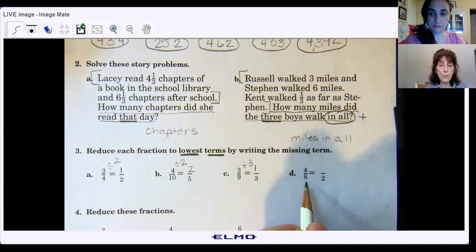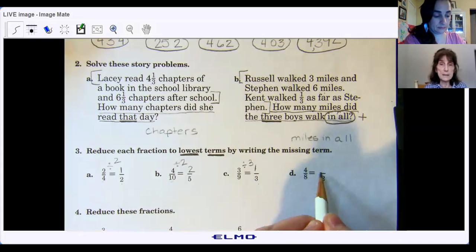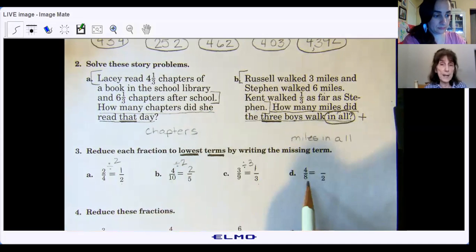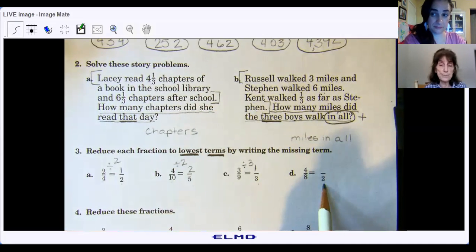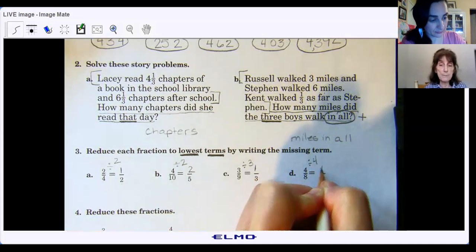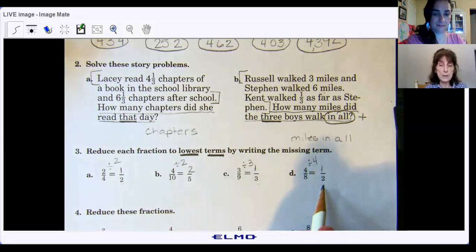Okay, so 4/8. What number will divide evenly into 4 and into 8? Okay, or you can say, what divided by 8 is going to give me 2? So the answer is 4. 4 divided by 4 is 1, and 8 divided by 4 is 2. So your answer is 1/2.